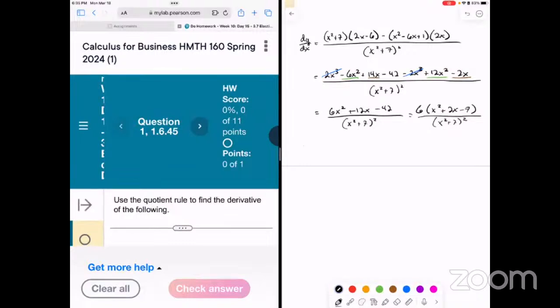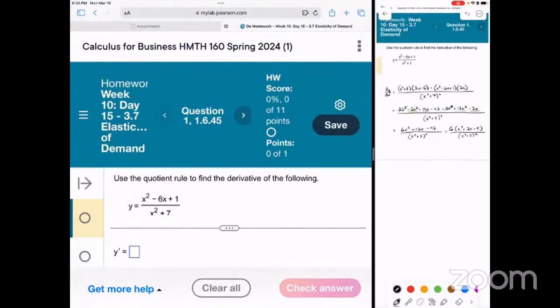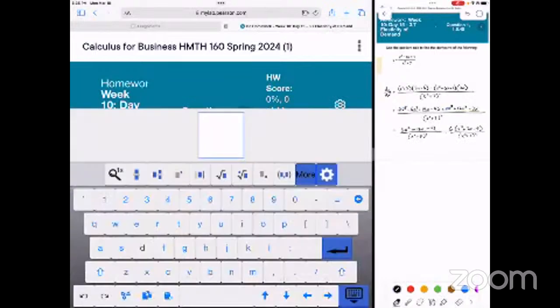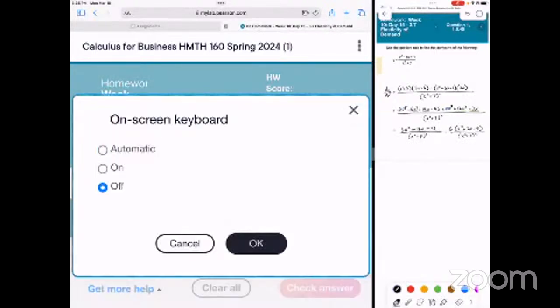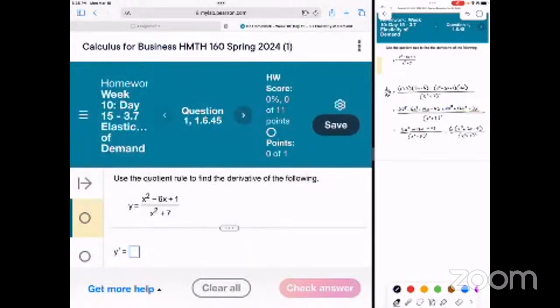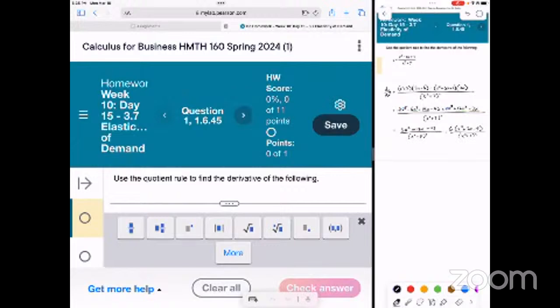Okay. So settings, turn this off. I might have to zoom out.